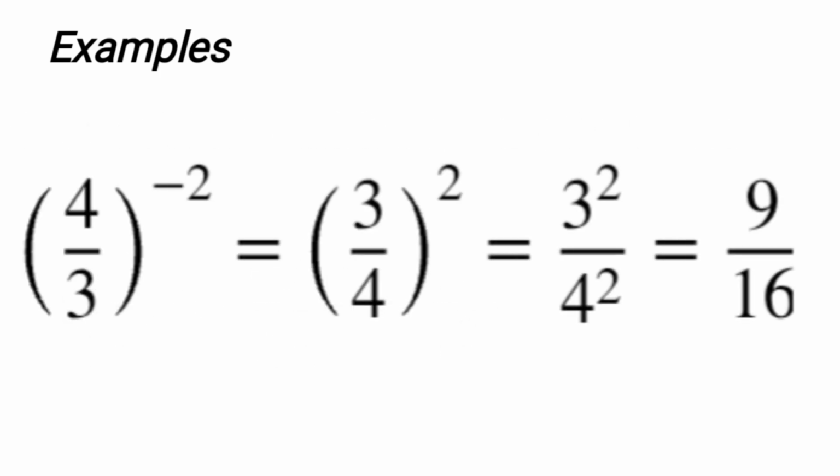We have this: negative 4 over 3 raised to the power negative 2 is equal to, interchange the numerator and the denominator, 3 over 4 squared. Then square 3 and 4, so we have 9 over 16.